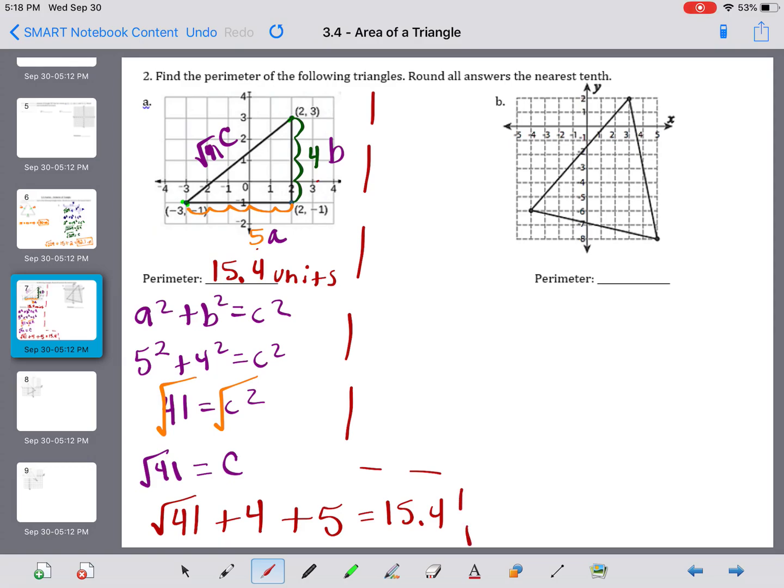If we take a look at B, again, we want to find the length of all 3 sides in order to find the perimeter, and they are all slanted. So we are going to have to do the Pythagorean theorem 3 times. So we'll start with this side here. We'll make it orange. We will make a right triangle.